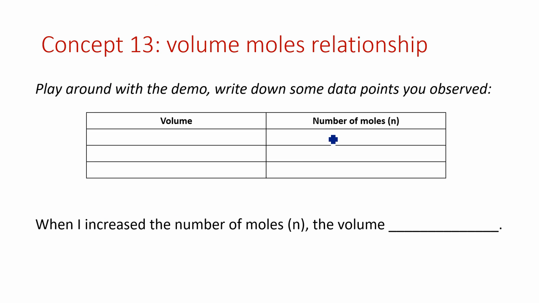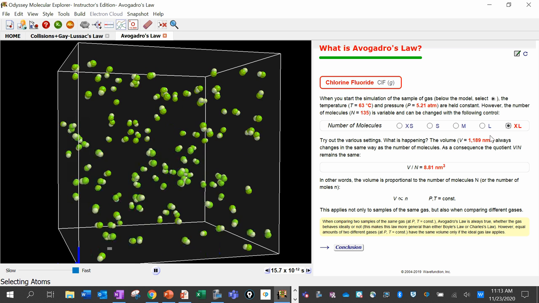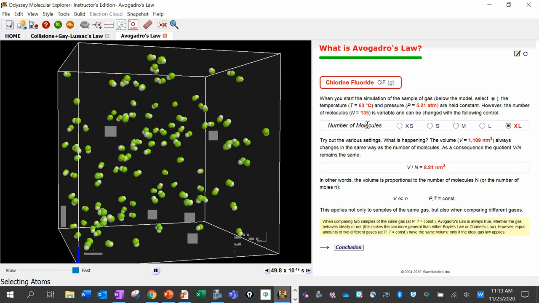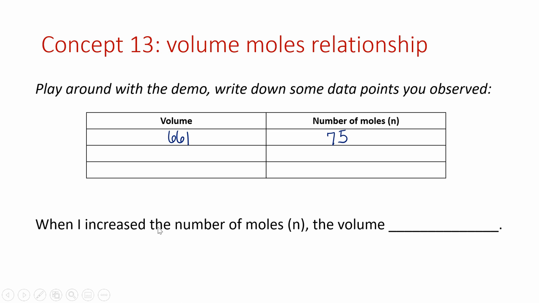I can't remember what the units are there. Let's go back here. If we go up to 135 particles, the volume is, wait, not 8.8, I think it's 881.